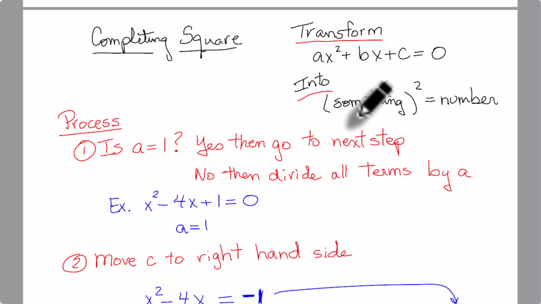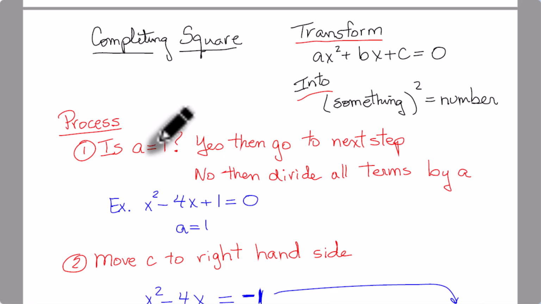Whole idea is to take my quadratic equation and turn it into the square root property. Because if we can do that, we know how to solve it. How does the process work? Well, first thing I look at is the lead coefficient of 1.